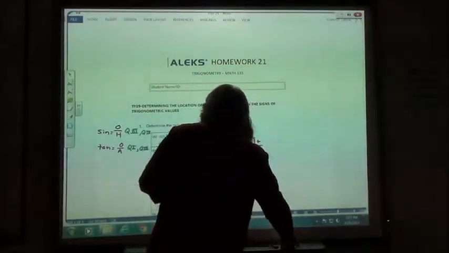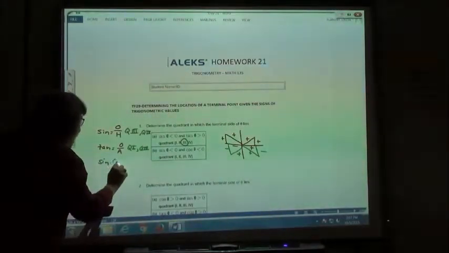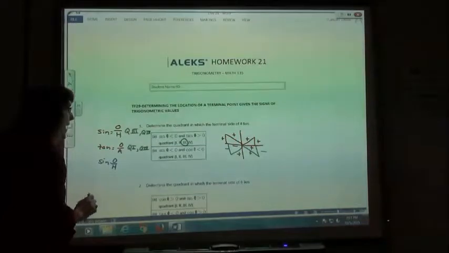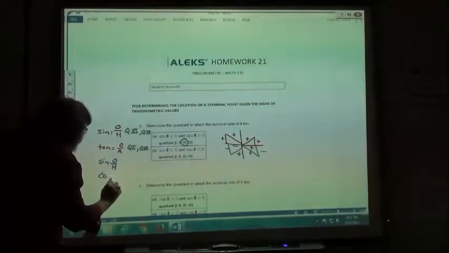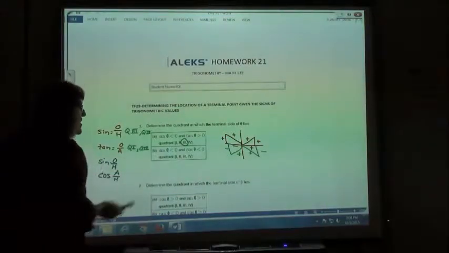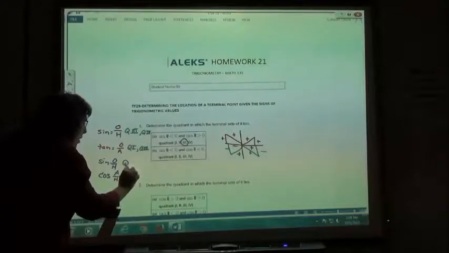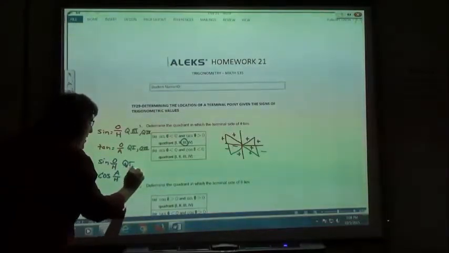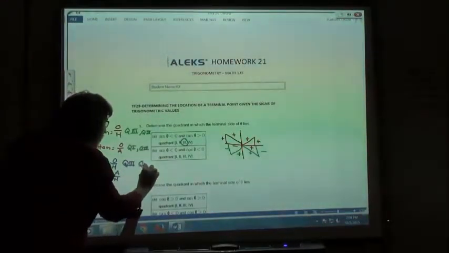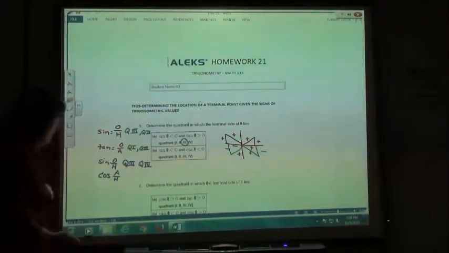Then, on the second one, I'm doing sine, which is opposite over hypotenuse again, and I'm doing cosine. Cosine is adjacent over hypotenuse. So again, we want the sine to be less than 0. We did that on the previous one. Quadrant 3 and quadrant 4 is where my sine was negative. I want my cosine to be negative.